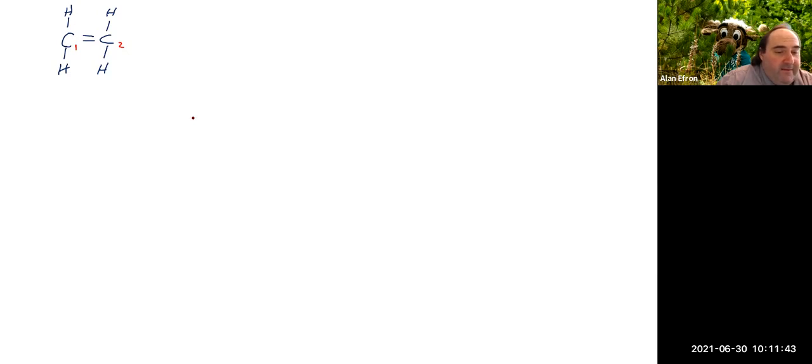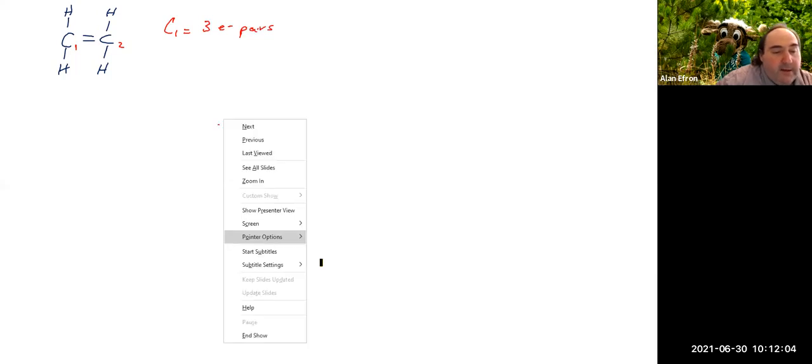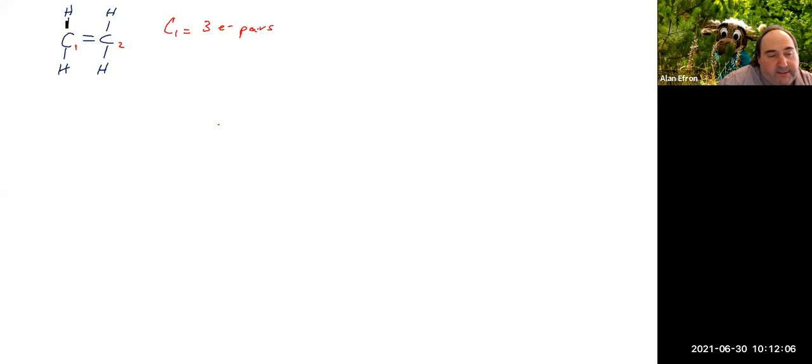of both of them. As we talked about before, we would put our hand over the right-hand side and look at just carbon number 1. Carbon number 1 has 3 electron pairs. I'll highlight it for you: with our hand over the right-hand side, 1 electron pair, 2 electron pairs, and we would still count this as an electron pair.